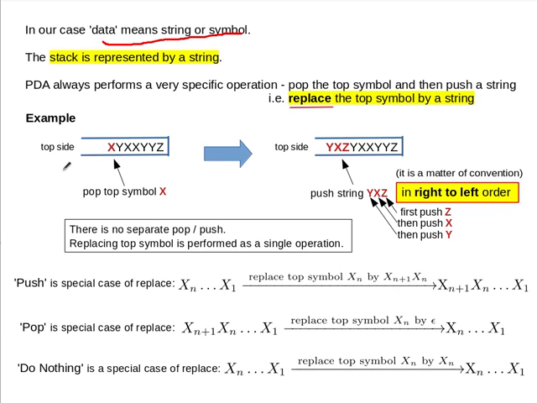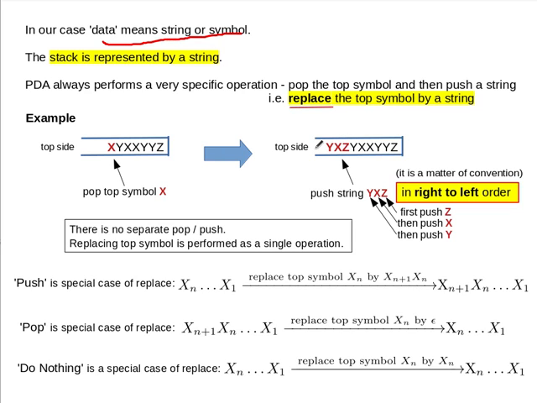The operation is, you first pop the top symbol, so it has to have at least one symbol. You cannot do this on an empty stack. So you remove this top symbol X and then replace it by some string. So here we are pushing multiple symbols, like a multi-push.